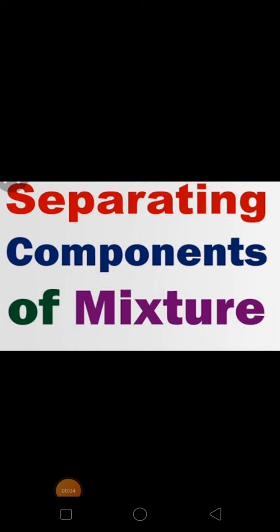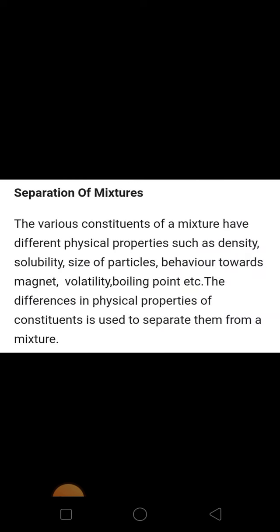Students, today in this lecture we will discuss how to separate the components of a mixture. There are various techniques to separate the constituents of mixtures, and this separation depends upon their physical properties.